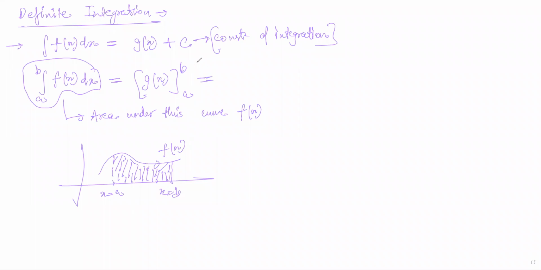First we put the upper limit, so this will become g(b). We put b in place of x in the function, and then subtract the lower limit. Upper limit minus lower limit will always be the answer. This is how we solve definite integration. This is the basic concept, a very basic concept.